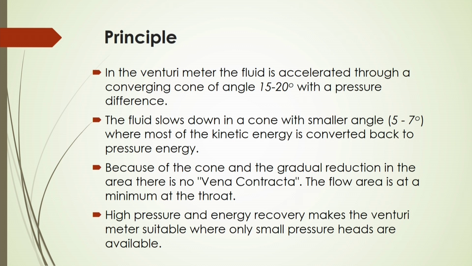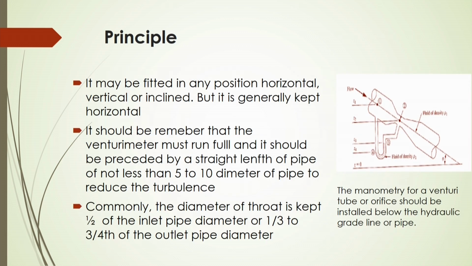In the Venturi meter you have to remember that there are two sections and the fluid just changes its energy from one section to the other, based on which the pressure difference is created, and then you are able to measure the flow rate.